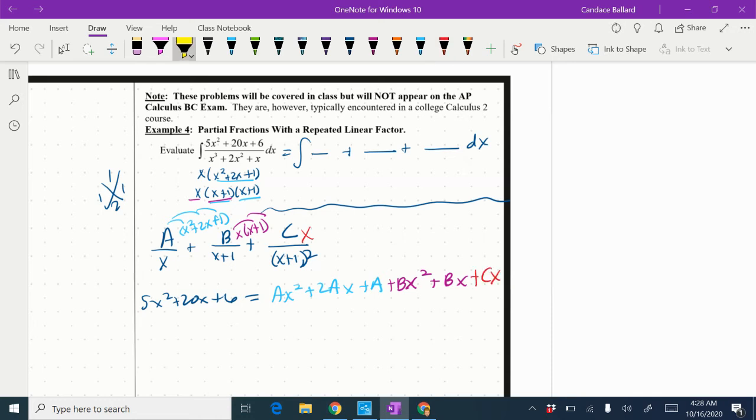Now we're going to go through and do an x squared equation, which looks like I've got 5 equals a plus b. And then I'm going to do an x equation, which looks like I've got 20 equals 2a plus b.